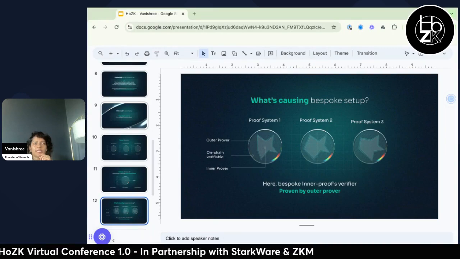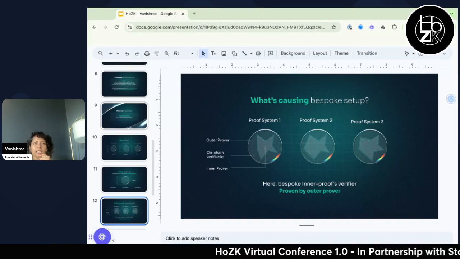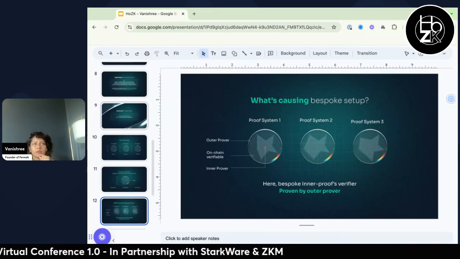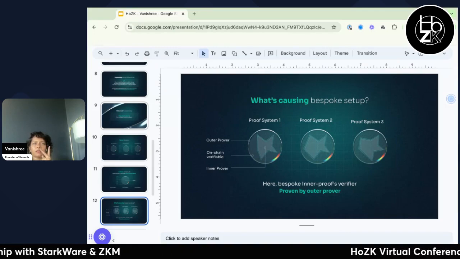To get there, let's see where the current blocker is. The current blocker is in the fact that these heavy proof systems typically work in two phases, right?